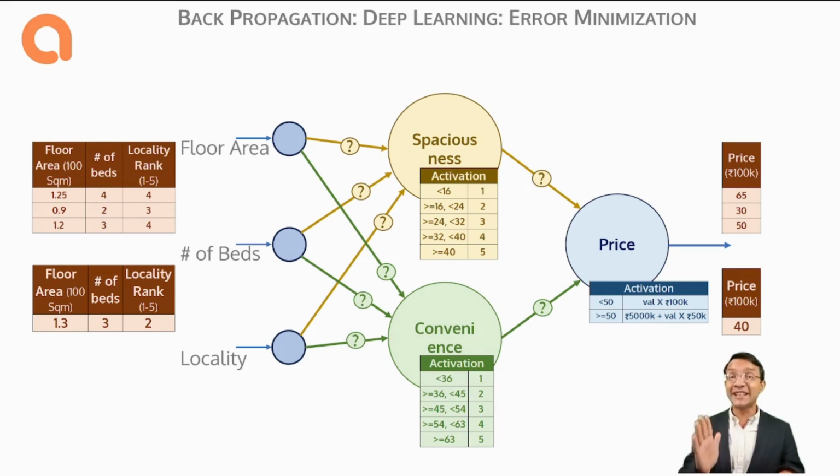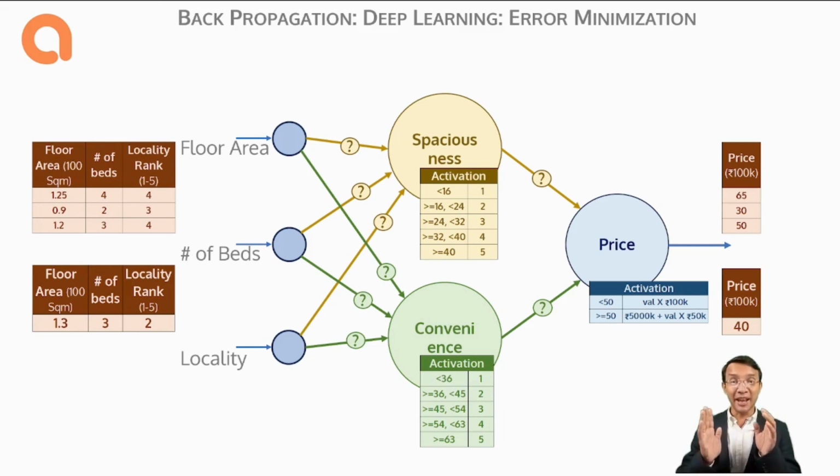But this exact thing we need to do with minimal errors, like the training at each neuron level of price, spaciousness or convenience has to be such that the error of calculating the price from floor area, number of beds and locality has to be minimized.